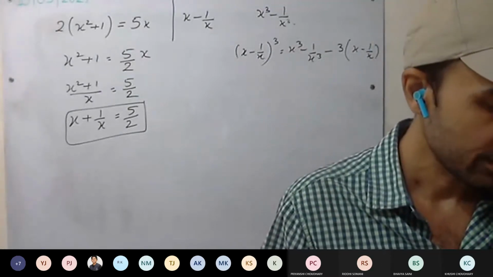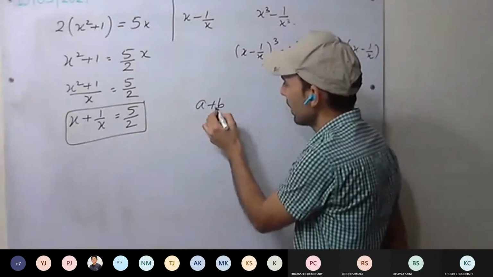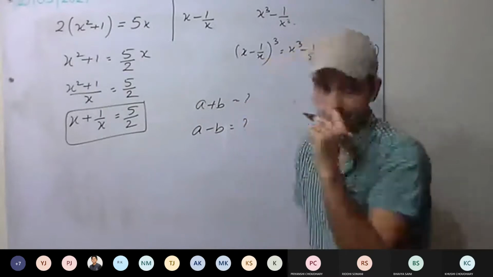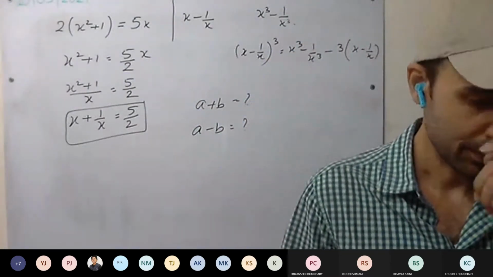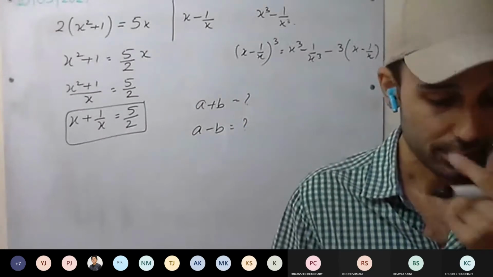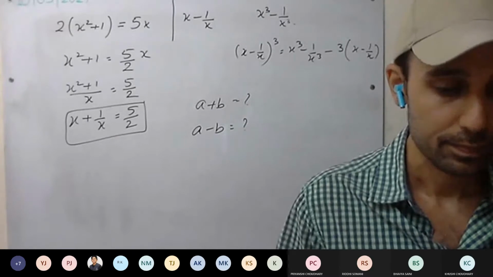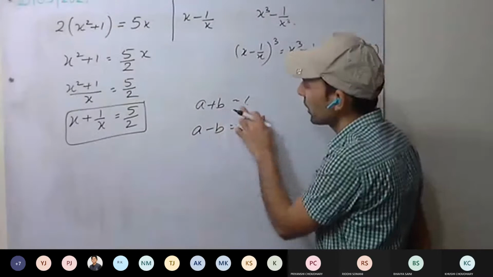A square plus b square is given, ab is given. So can you calculate a plus b and a minus b? Their values can you calculate? Yes, sir. But we don't require their values.